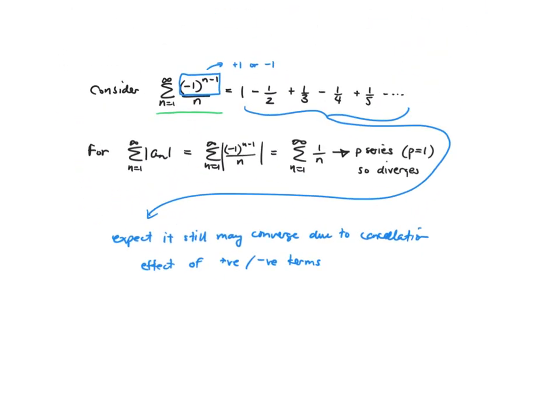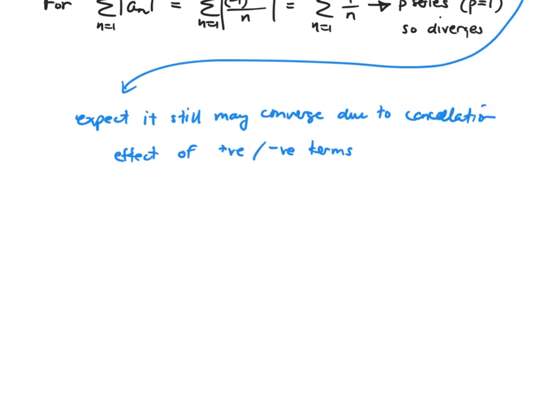And so it turns out that alternating positive, negative type series are given a name that matches that, and they are called alternating series.